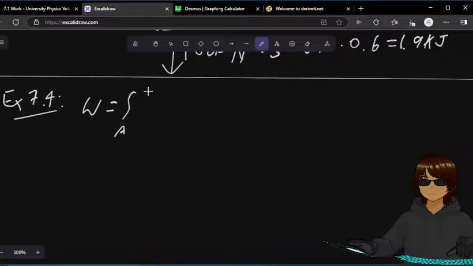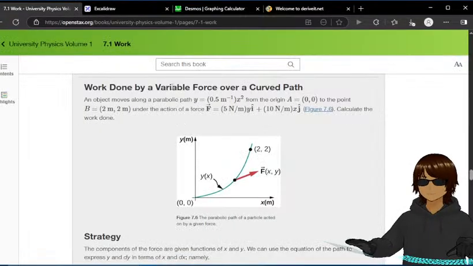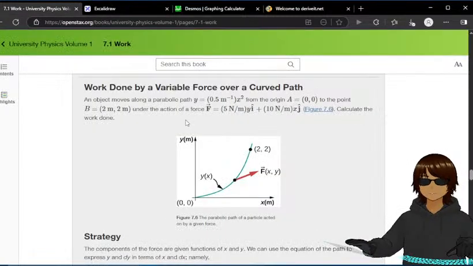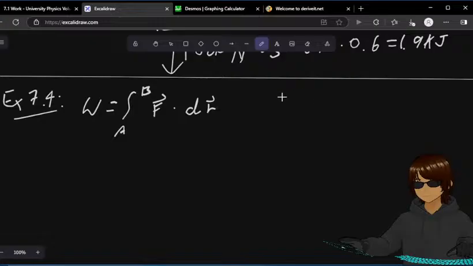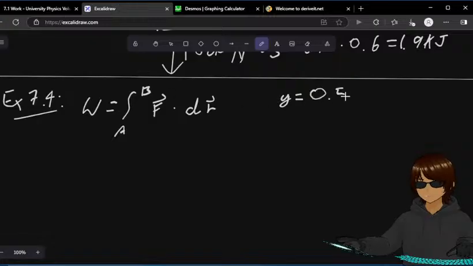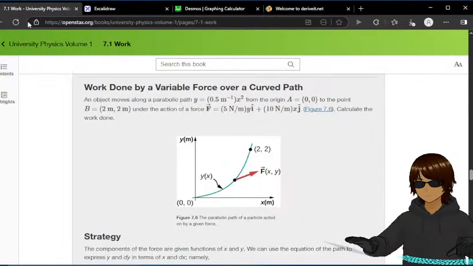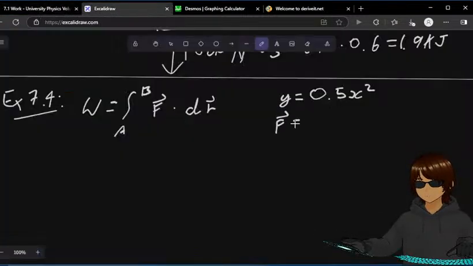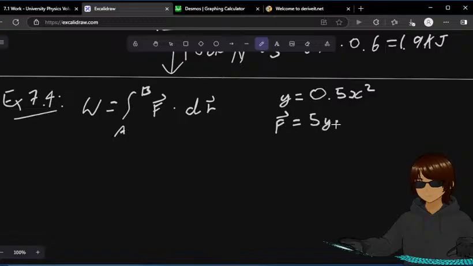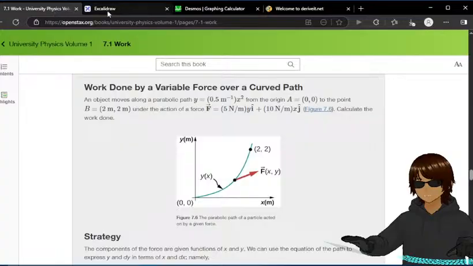Work is from A to B, force times dr. y is 0.5 x squared. Force is 5y plus 10x.